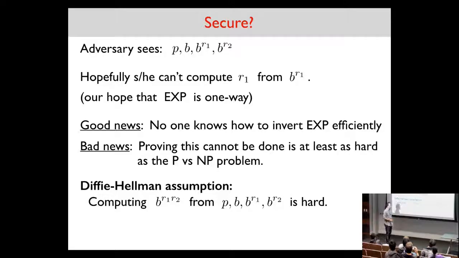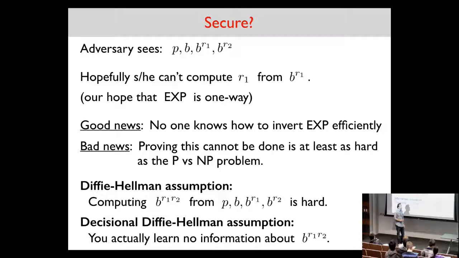This is called the Diffie-Hellman assumption, and people think it's hard. But actually, that's not even really enough. What you really want is a decisional Diffie-Hellman assumption. What you really want is not that the adversary computes this exactly, but that he or she does not learn anything about B to the R1 R2, doesn't even learn the first bit of, let's say, B to the R1 R2.